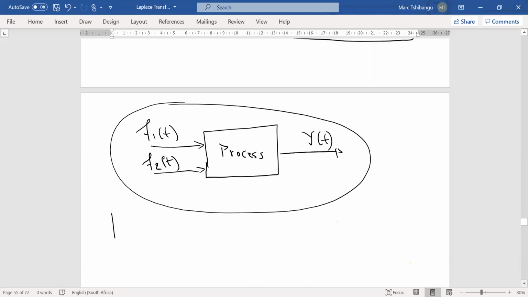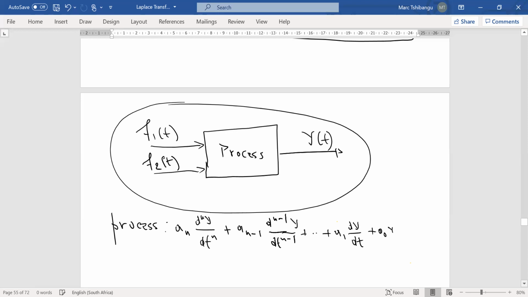So we assume again that this process is described by a linear differential equation such that an d^n y over dt^n plus a_(n-1) d^(n-1) y over dt^(n-1) plus a1 dy over dt plus a0 y is equal to b f of t.